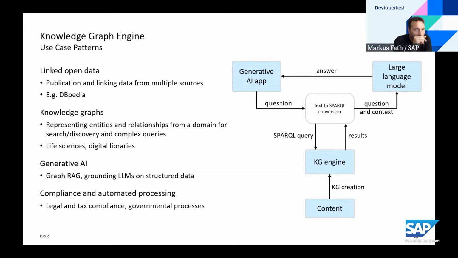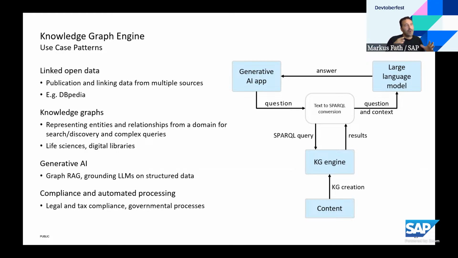So linked open data is primarily about the publication of data with the possibility to interlink it. So DBpedia and Wikidata are all projects and systems which leverage these RDF technologies and all provide a SPARQL endpoint. So you can do federated queries over different sources of information.